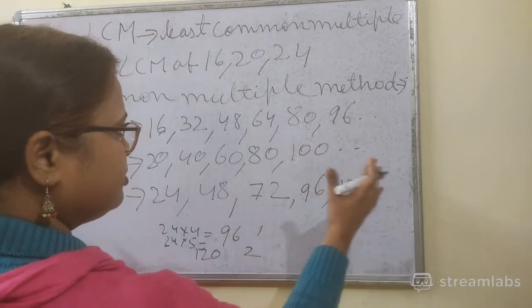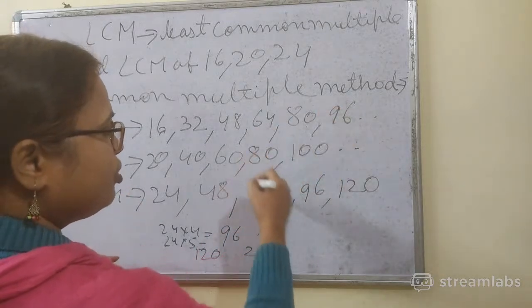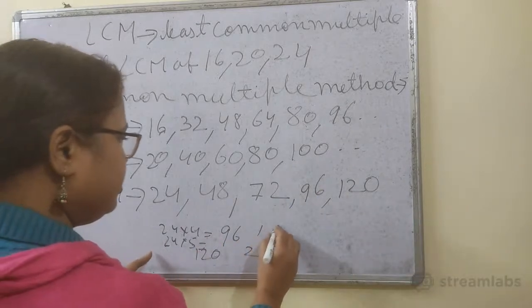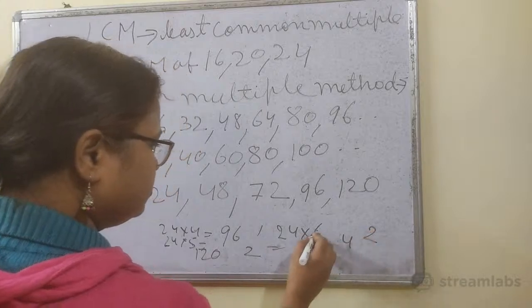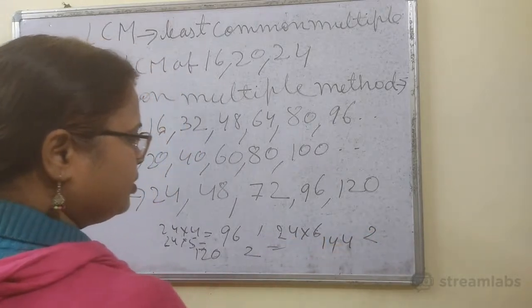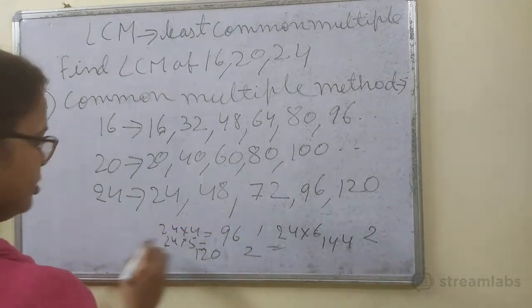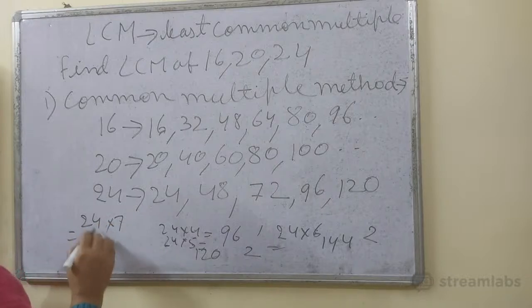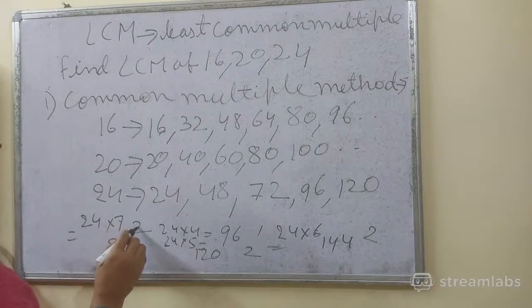Clear? Till now we have not got any number that is common to all, so again we have to multiply. Then 24 6s are 144, not got, so again 24 into 7.